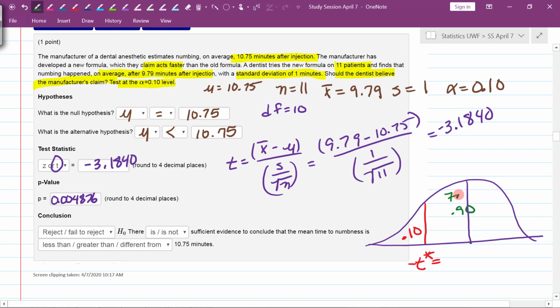This is my fail to reject. Here is my reject. This is red, this is green.